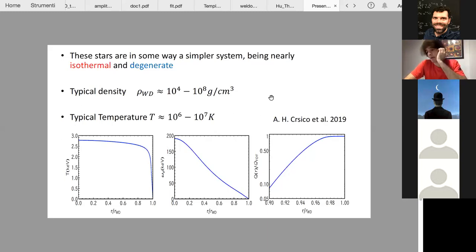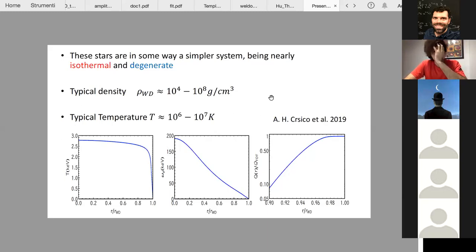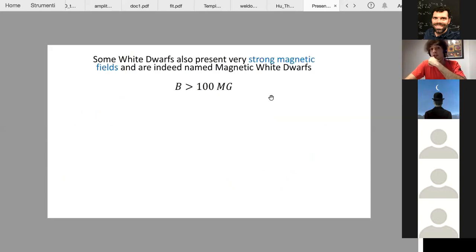But apart from the uncertainty in these parameters, there is a bigger uncertainty, I think the most important, which as usual is the magnetic field. There are white dwarfs that are called magnetic white dwarfs, in which the magnetic field is very large, larger than 100 megagauss or around that.